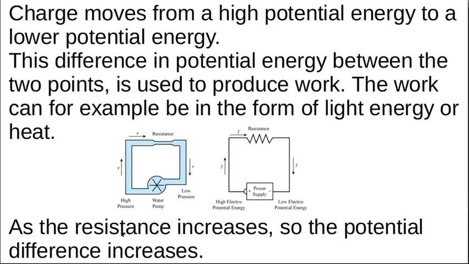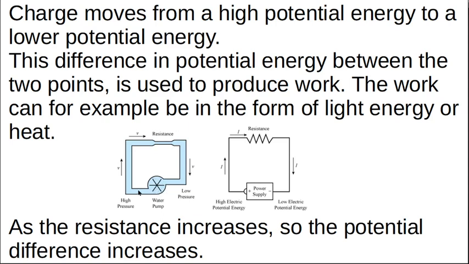And remember what we said about resistance and potential difference. As the resistance increases, the potential difference increases. One of the ways they encourage people to think about this is like water in a hose pipe. Say you've got a water pump or your tap, and the water's under pressure in your tap.